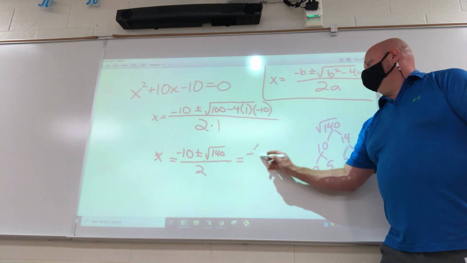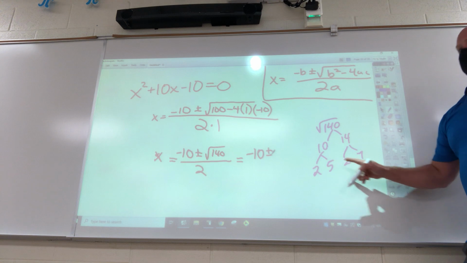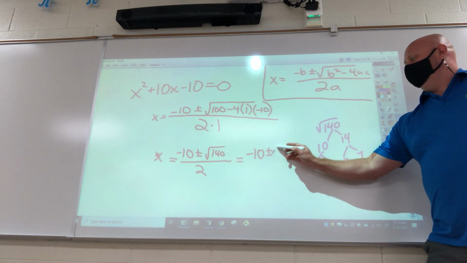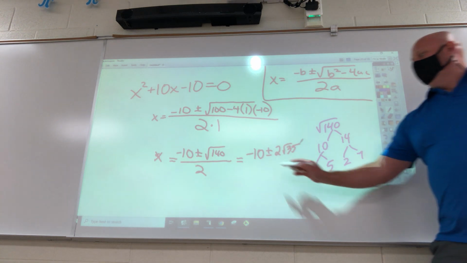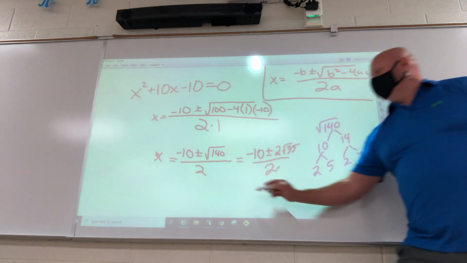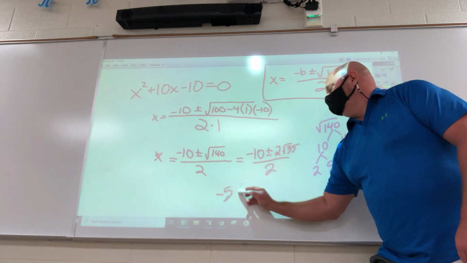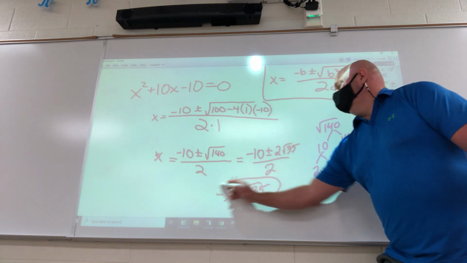So that's going to be negative 10 plus and minus 2 root 35 all over 2. I can divide all 3 of those things by 2, and I would get negative 5 plus and minus just the square root of 35. Bam.